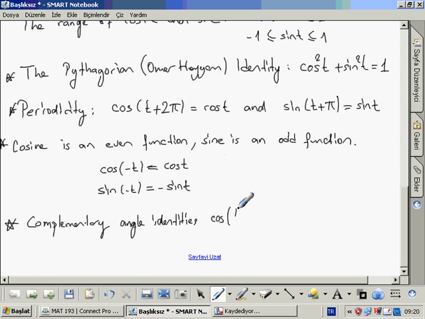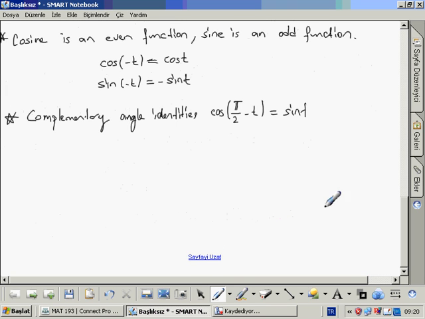Cosine of pi over 2 minus t equals sine t. It's the complementary function. Similarly, you can say sine of pi over 2 minus t equals cosine t.